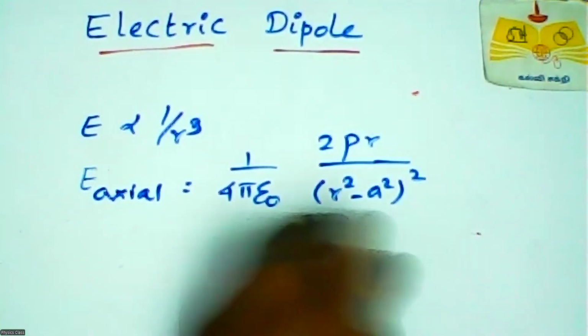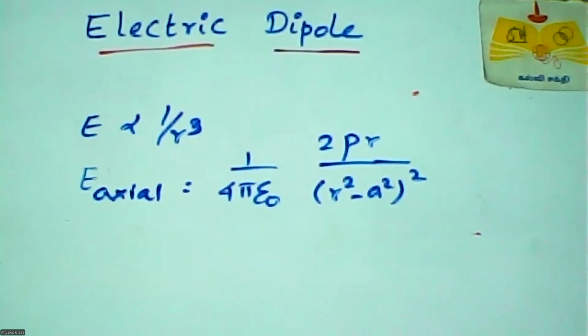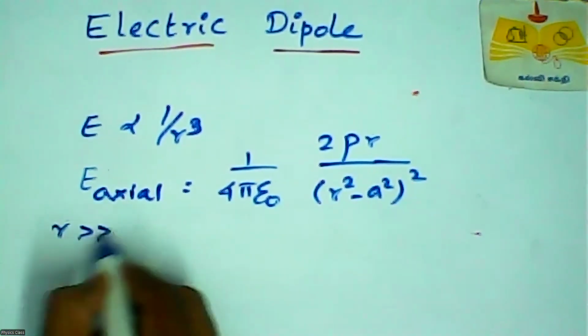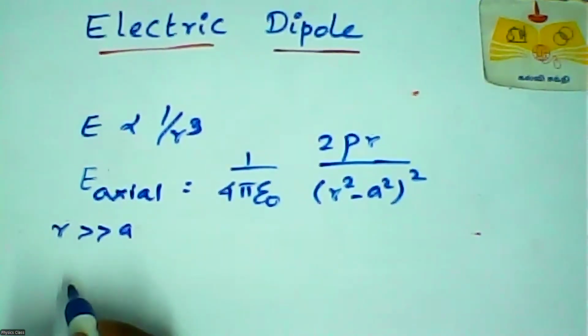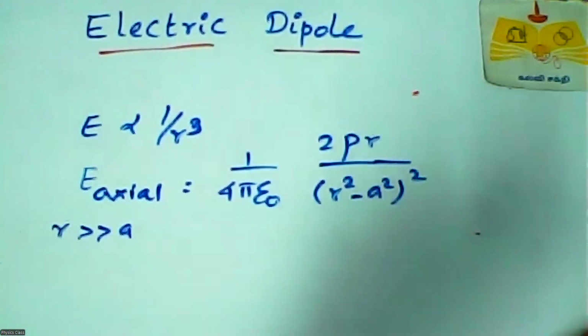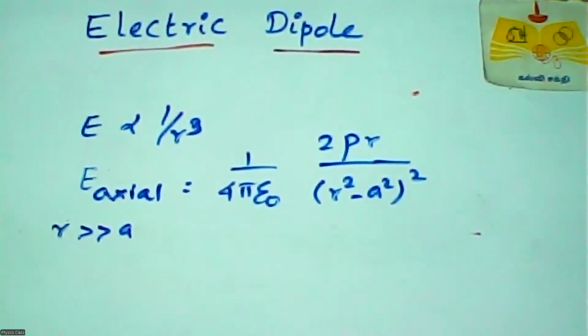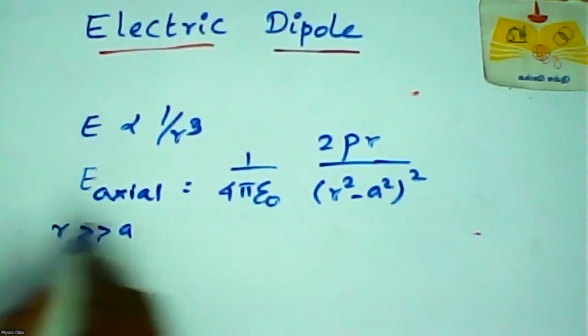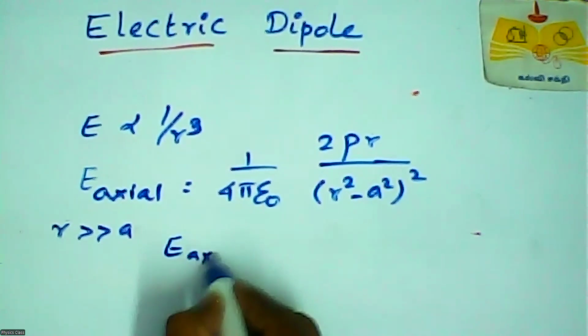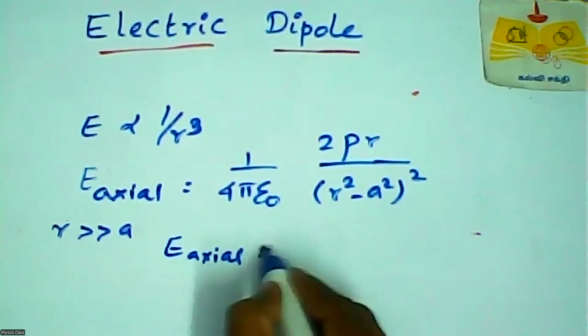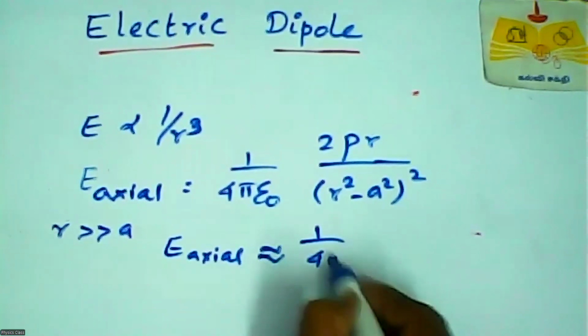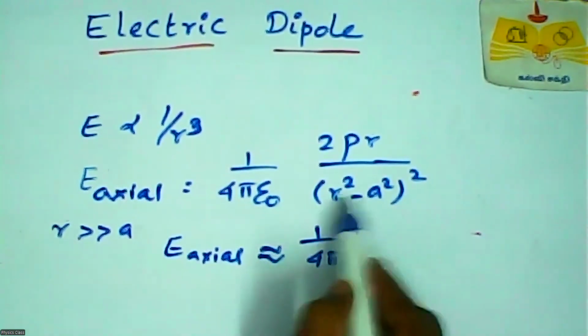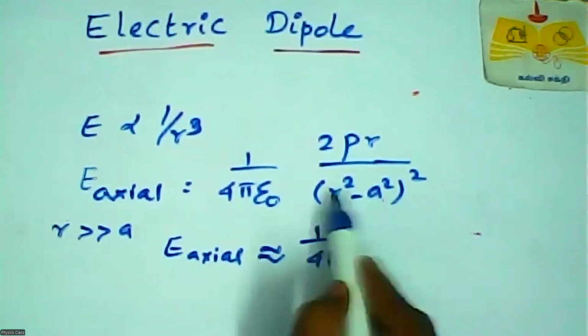For a short dipole, for example, short dipole means R is much greater than A. So A means the distance between the center to any one charge. R means center to that point. Okay. So R much greater than A denotes a short dipole. In that case, E axial is approximately 1 by 4 pi epsilon naught, because in this case R is much greater than A, it gives R square only.